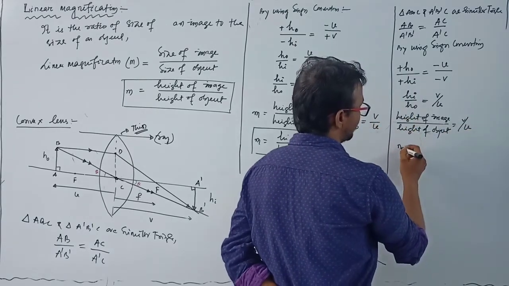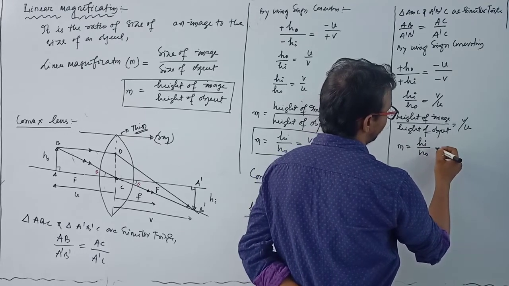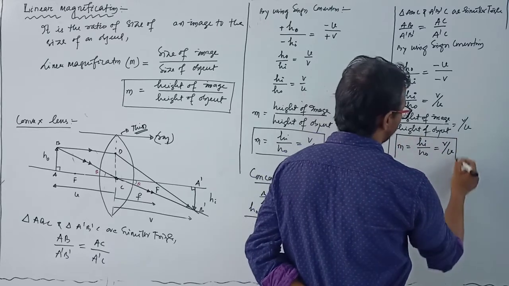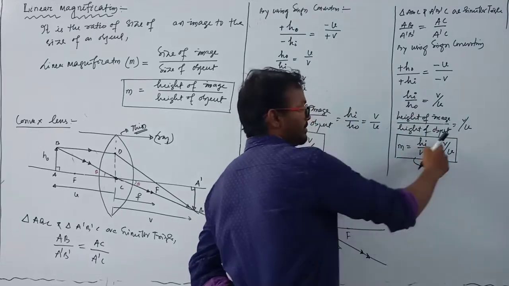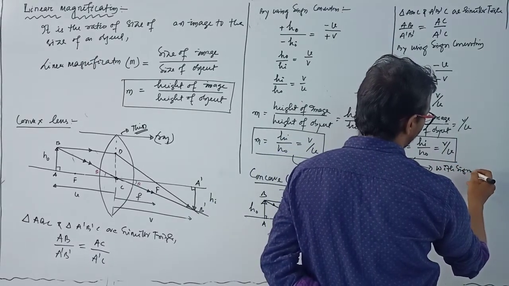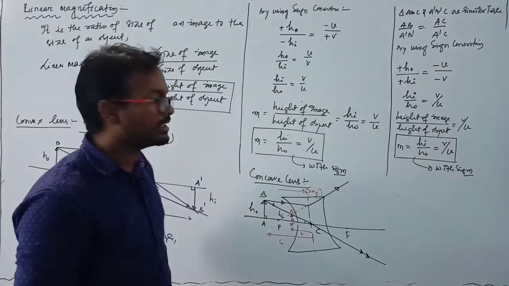So this is magnification. So magnification m equal to hi by h naught, which equals v by u. This is magnification, and you have to use h naught, hi, v and u with sign, and this is valid for thin lens, only thin lens.